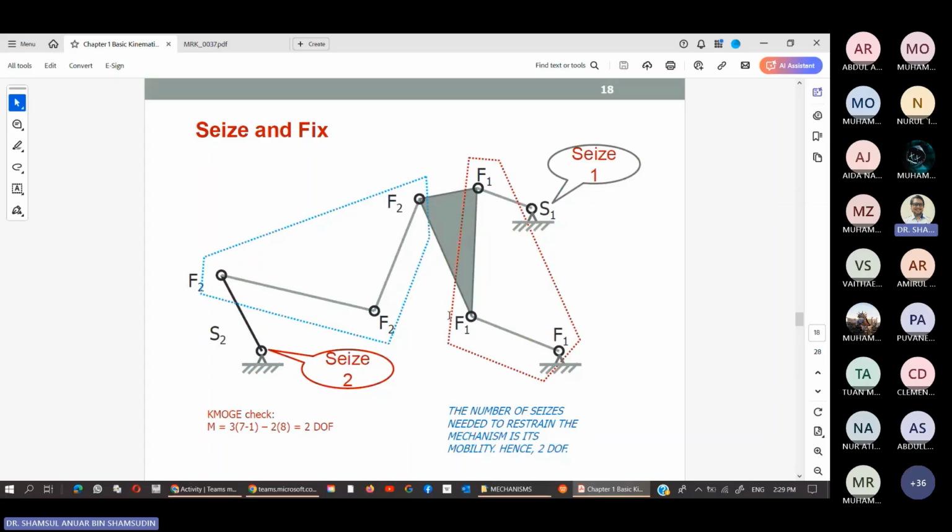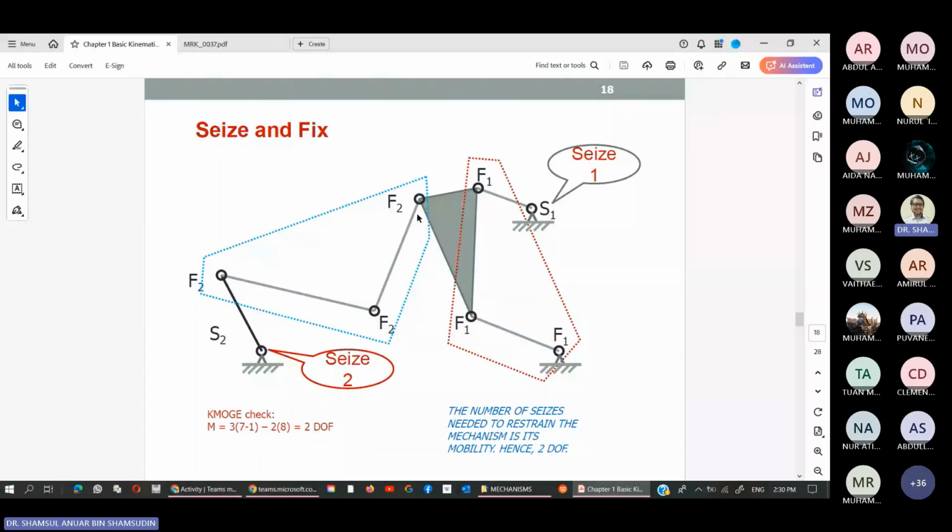Men can only try. Okay, this next part is a bit challenging to understand, but I guess we can try. So this is another way, the third way to determine degrees of freedom. So the first way is for you to identify actuators. The second way is to do it through calculation.